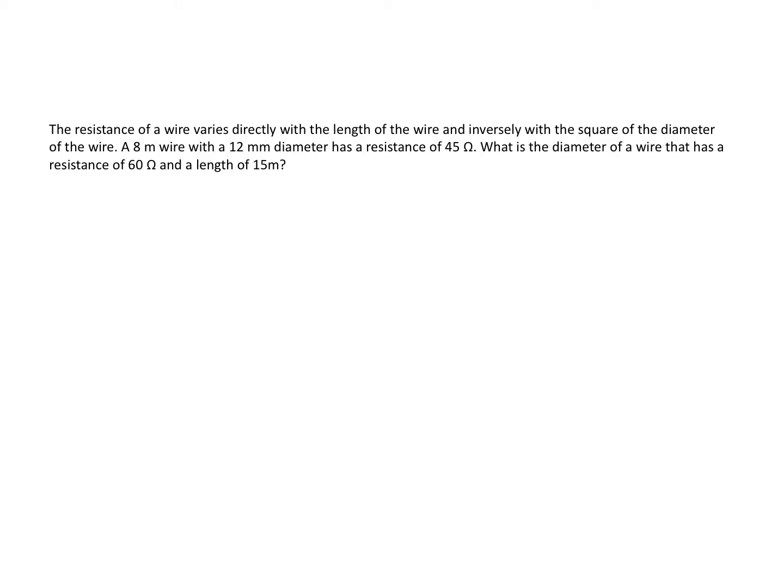Now here we have a bit of a physics question. The resistance of a wire varies directly with the length and inversely with the square of the diameter. So, should define variables here. R for resistance, which will be in ohms. L for length, which in this case will be meters.